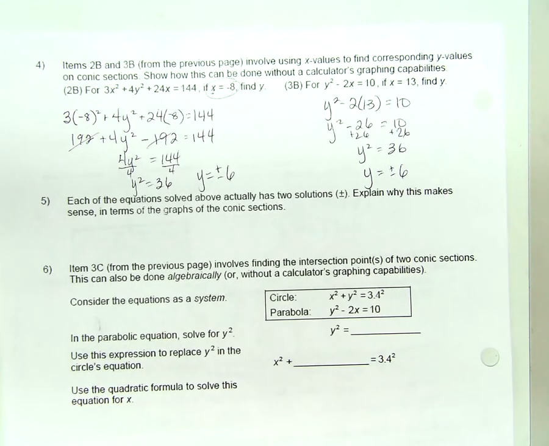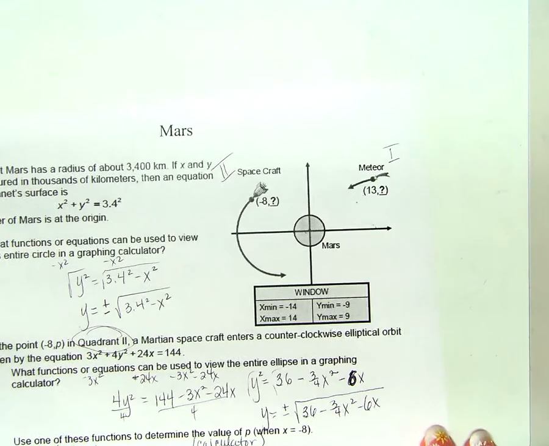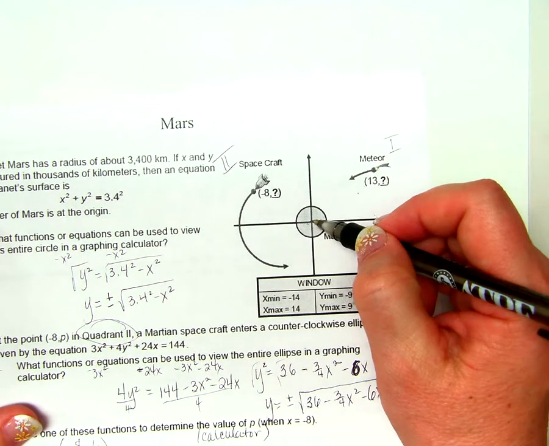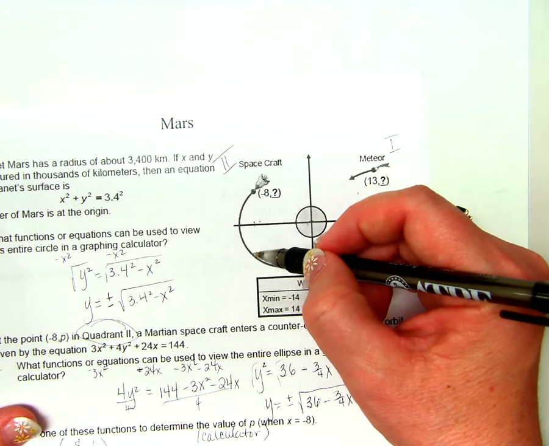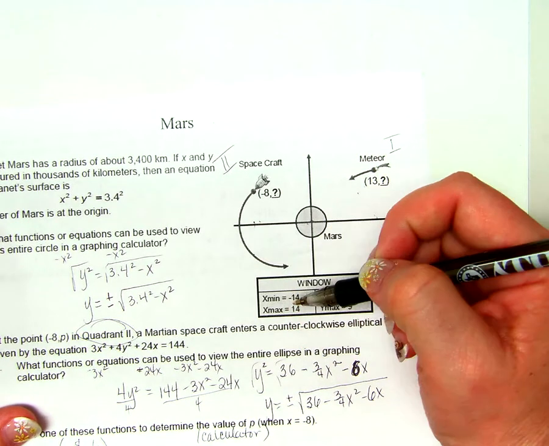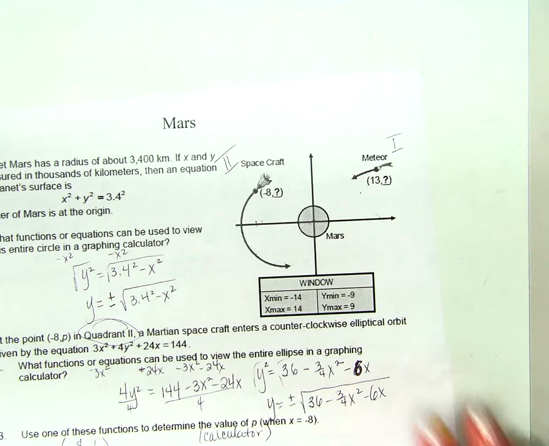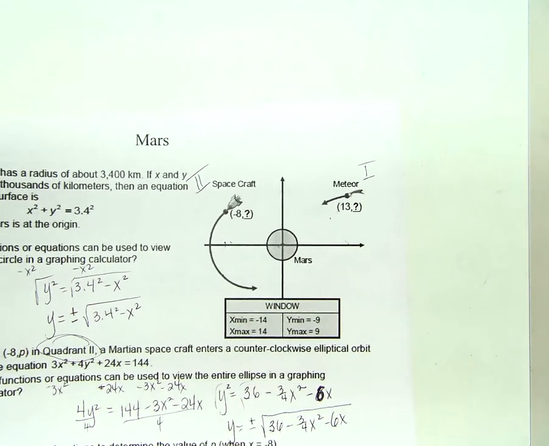Each of the equations solved above actually has 2 solutions. Oh my goodness, I wish someone would have told us that before. Explain why this makes sense in terms of the graphs of the conics. Why does it make sense that if I go negative 8, I can go 6 or negative 6? It's symmetric, yes.